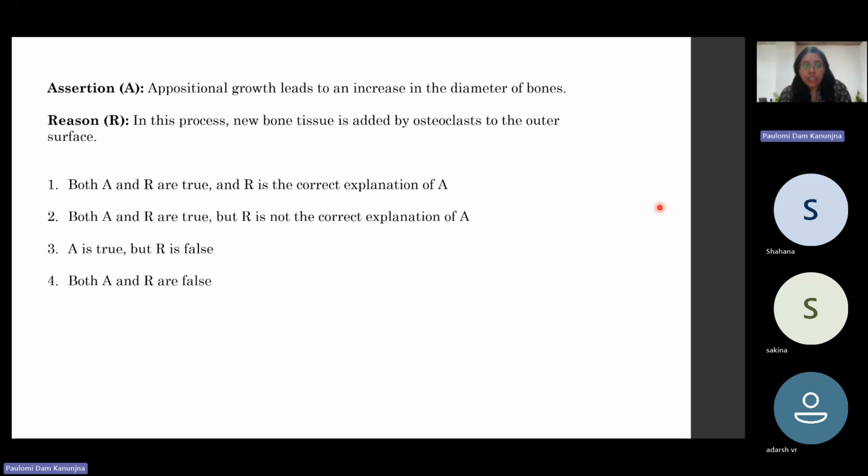Okay. Now again, read this properly. Appositional growth leads to an increase in the diameter of the bone. In this process, new bone is added by osteoclast to the outer surface. Wrong or correct? And is it the correct explanation of the previous statement?